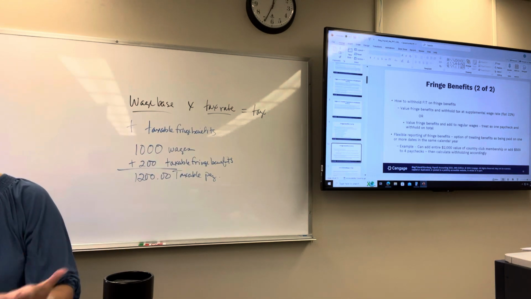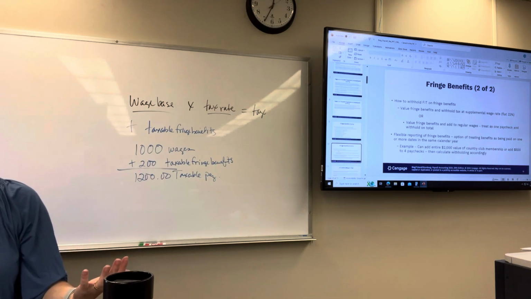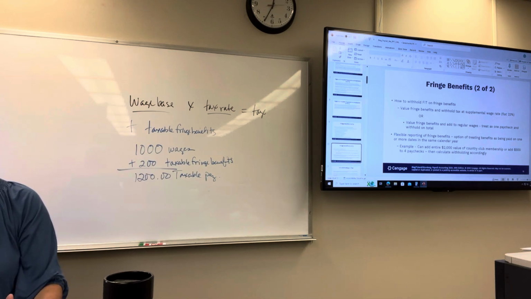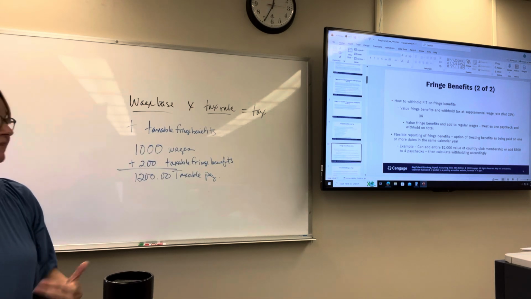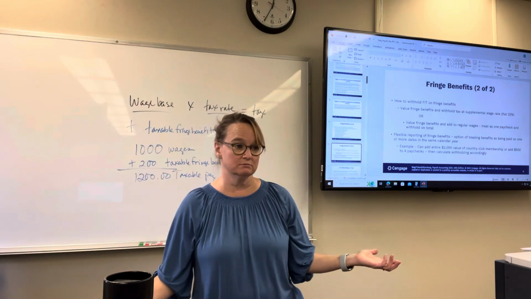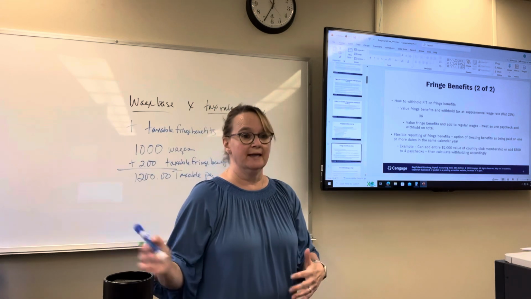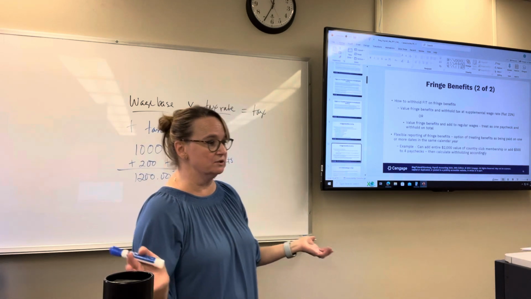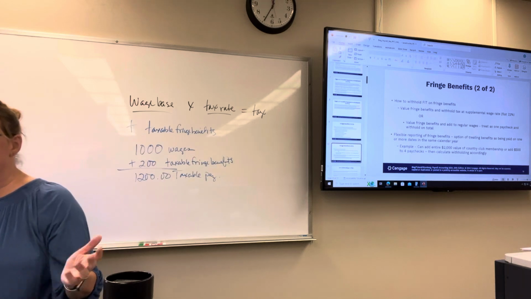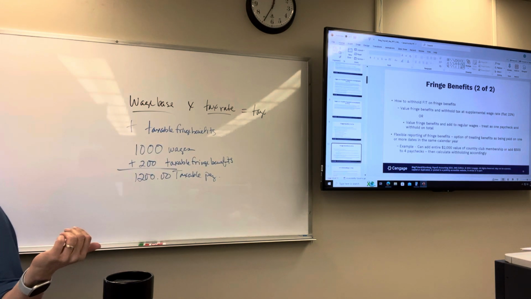If your employer pays for your country club membership, they're going to add the value of that country club membership to your wages, and you will pay tax on that $2,000 value. They can do it in one lump sum, or they can spread it out over the course of the year, right? Add it to maybe each paycheck. It will be a lot easier on the employee if it's added to each paycheck and spread out over the year, right?